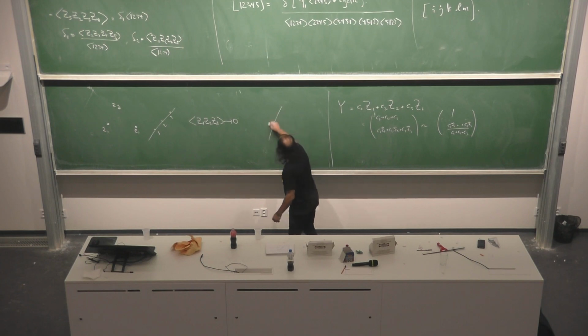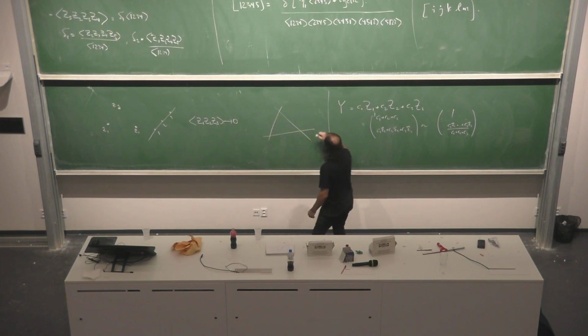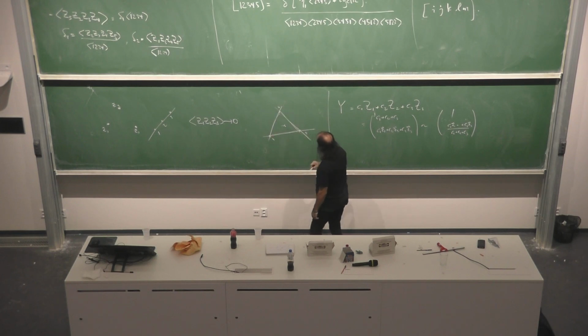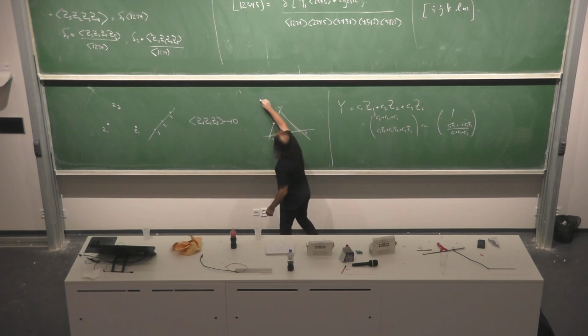So let's say I drew a triangle like this. Again, I'm talking about the inside of the triangle, it doesn't matter. But let's say I have a point Y. What does it mean if this point is actually on the line 1, 2? It means that Y, Z1, Z2 has gone to 0, for example.